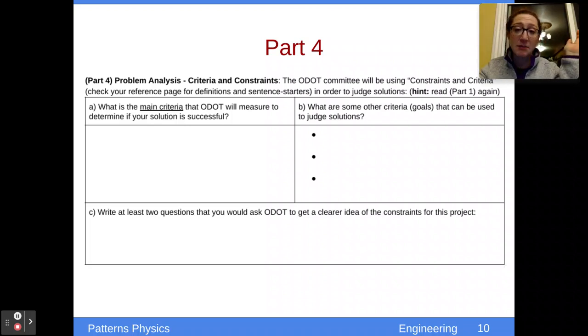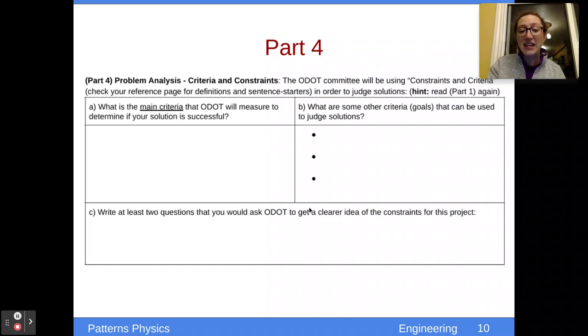Not gonna hit many deer on the road if there isn't a road there. Ta-da! What makes your solution better than that one? Like, why would you choose your solution over the one that I just proposed? Can you think of some ways in which you might be judging the quality of these solutions? That's what we're looking for in part B.